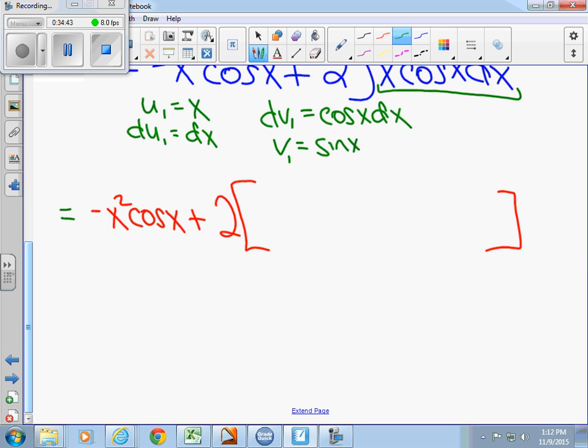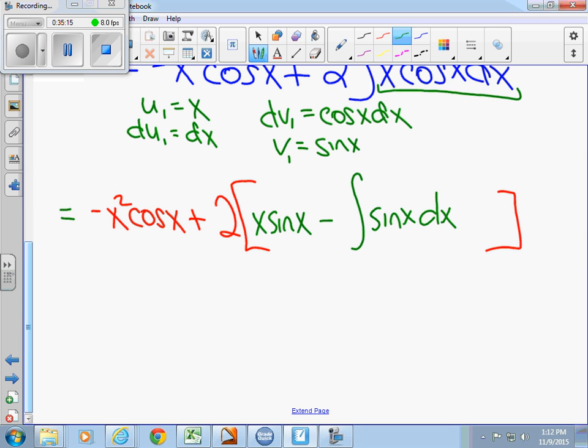Good so far? uv is x sine of x minus the integral of v du. Questions so far? Now, it is very important that you don't forget your first portion. That's the danger in something you had to do twice.